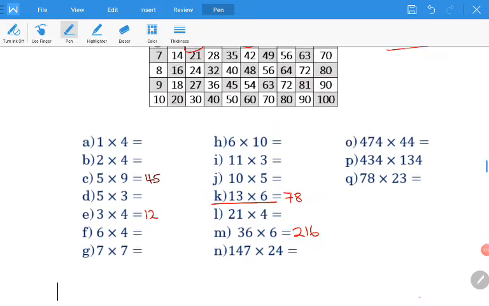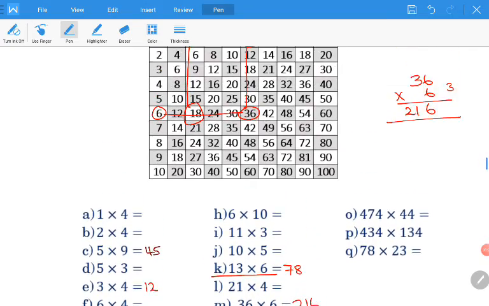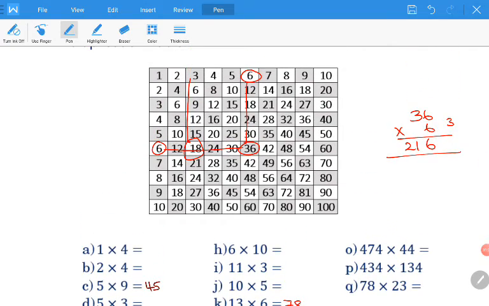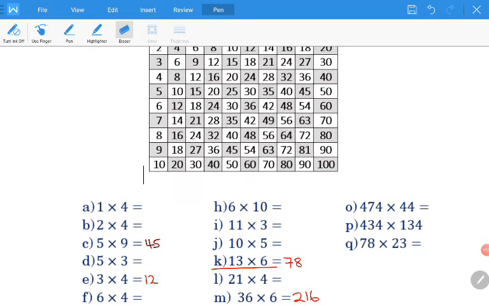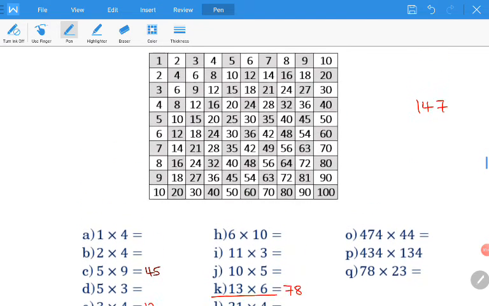Let's look at question N, which looks a bit difficult to solve. N is saying 147 times 24.